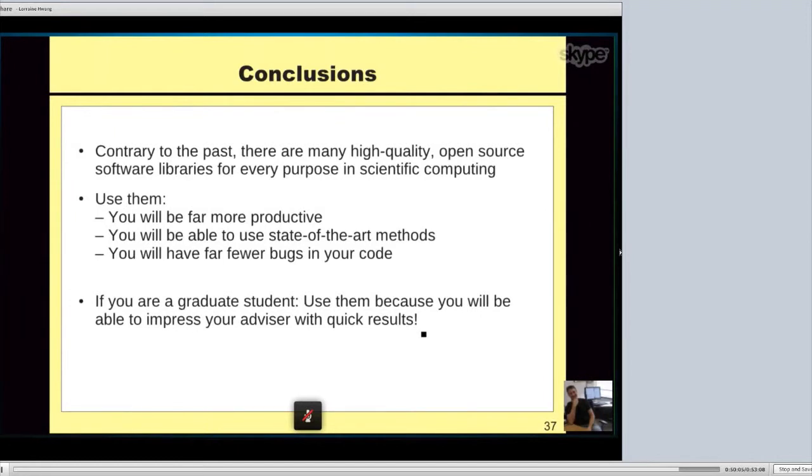And the thing that I really want to stress at the end of this talk is that you should really use these sorts of libraries. They make programming so much more productive because you can use things that others have done in the past. They implement state-of-the-art methods that are very complicated, and they have far fewer bugs than code you would probably write yourself.